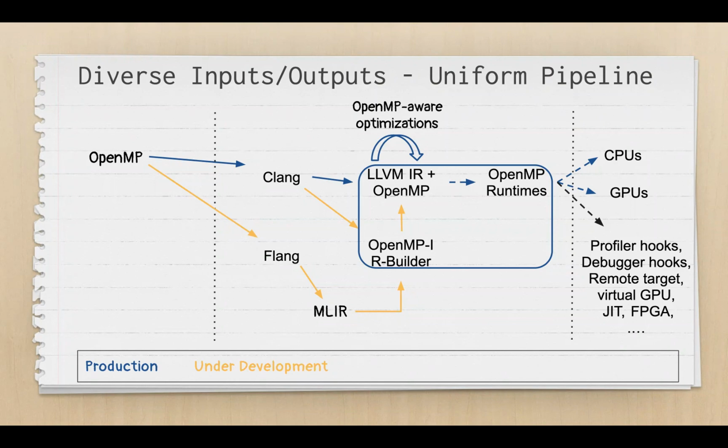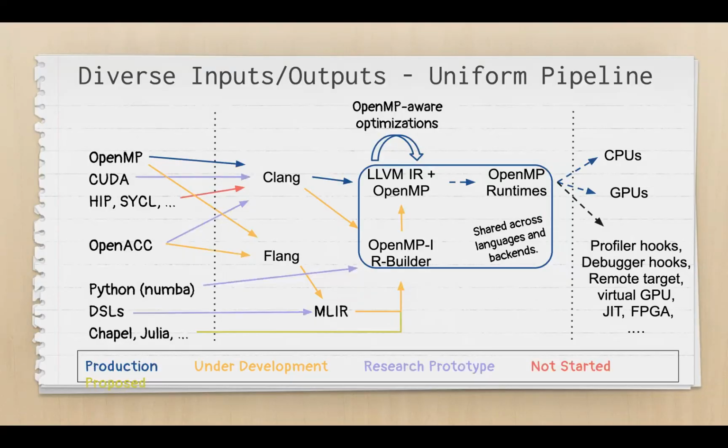Now, what we really want is to allow people to use their particular favorite programming language, because there is little reason that people couldn't use OpenMP and CUDA and HIP and SYCL all in the same application. They can be made interoperable, and fast, if we agree on the way we compile them.